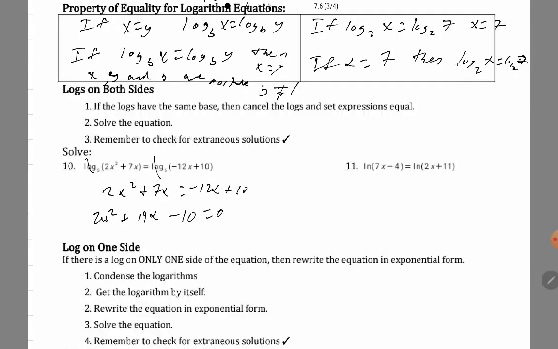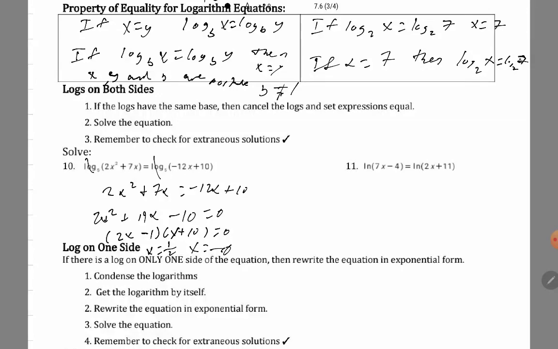And then this factors to 2x minus 1, x plus 10. Oh no, it's not factoring again. So this equals 0. That means 2x minus 1 equals 0. So x equals 1/2. And then x equals negative 10. Make sure to plug it back in and check. Just use a calculator. You'll be fine.